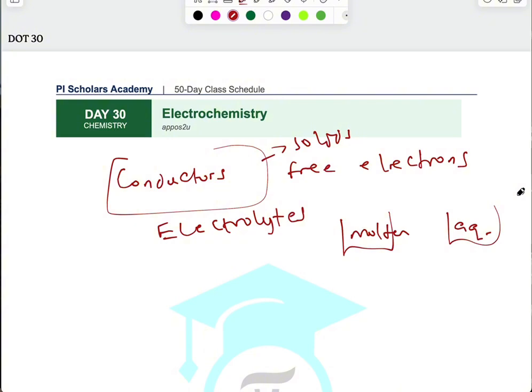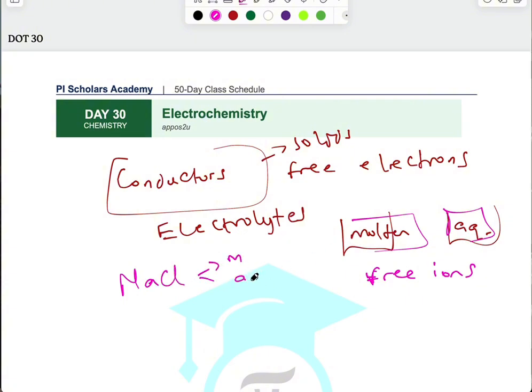So rather than conducting with free electrons, what is responsible for the conductivity of electrolytes are the free ions. That is why you have to have them in their molten state or the aqueous state. So if you take something like NaCl, it has to be in its molten state or in its aqueous state before it can serve as an electrolyte.